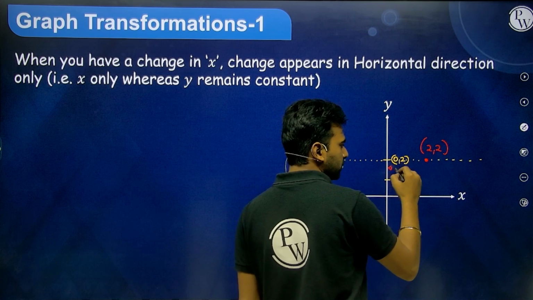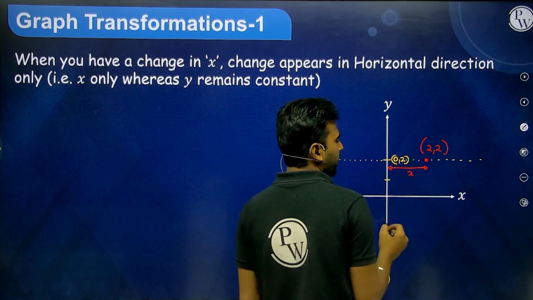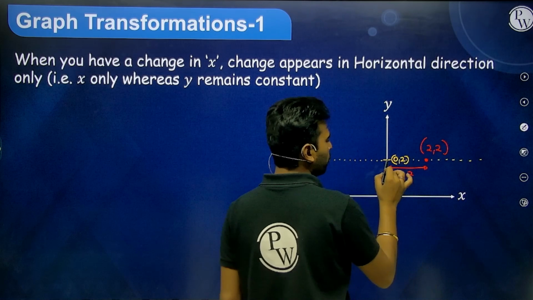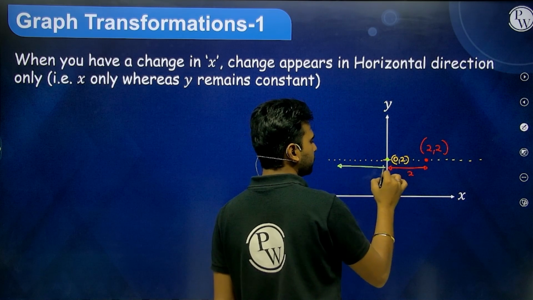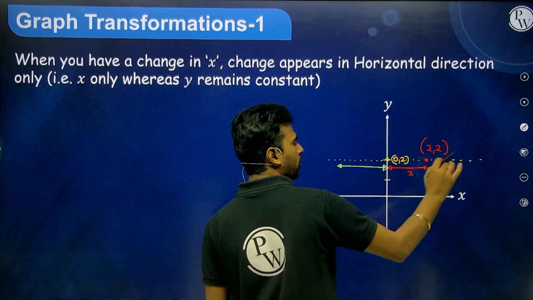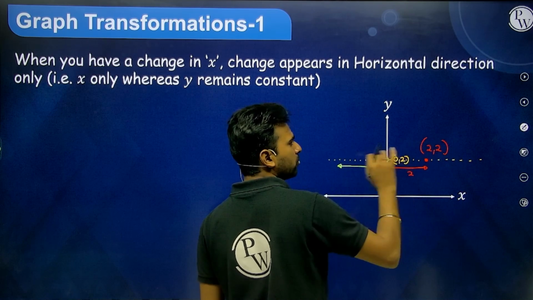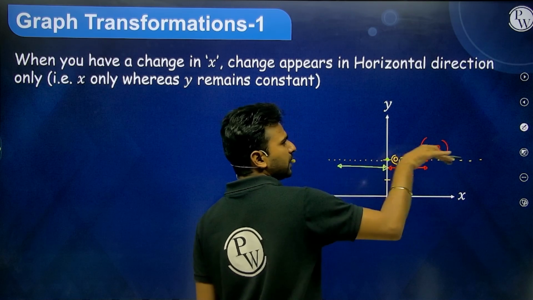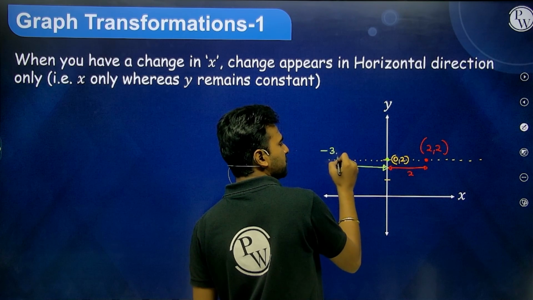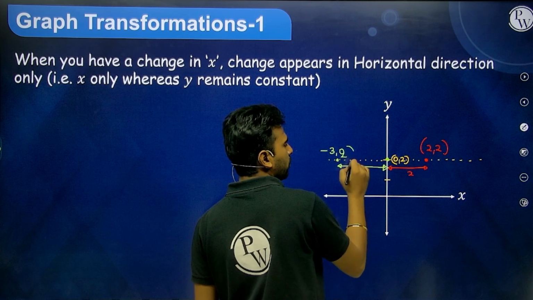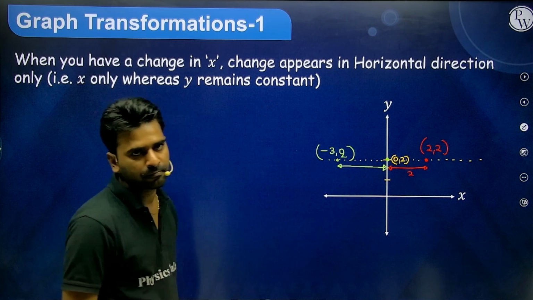Yes. If I tell you to move 3 units left, parallel to the horizontal line only, will you be reaching over here, that is minus 3, 2 or not? All of you guys. Yes.